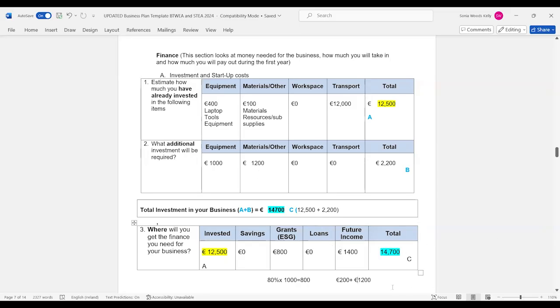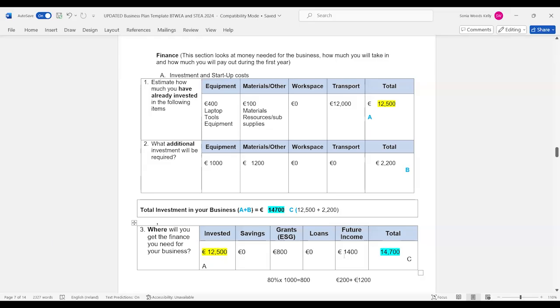So the total investment in my business is the 12,500 that I have already invested, the 800 that I plan to and hope to secure from the Enterprise Support Grant, and the 1,400, which is the balance of 200 for my equipment and the 1,200 for my supplies that I plan to finance out of future profits or sales in my business.